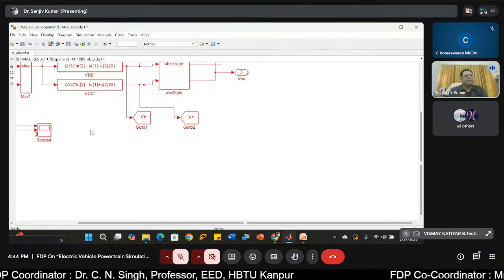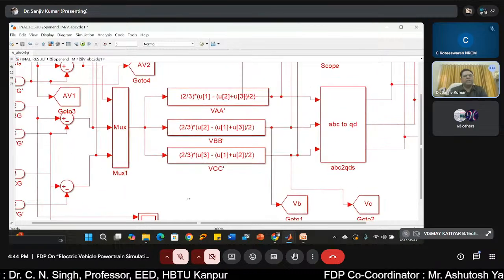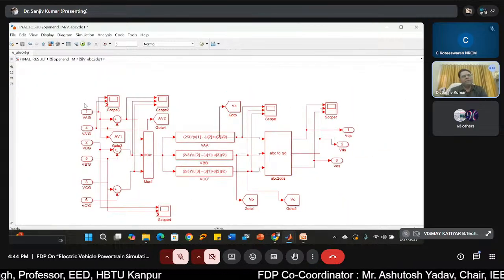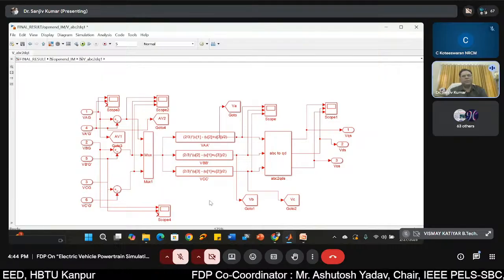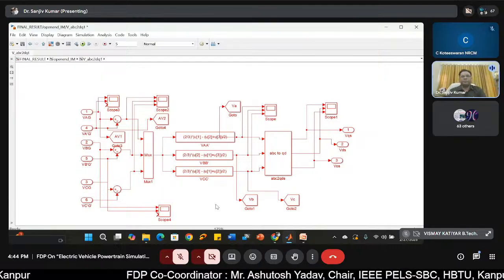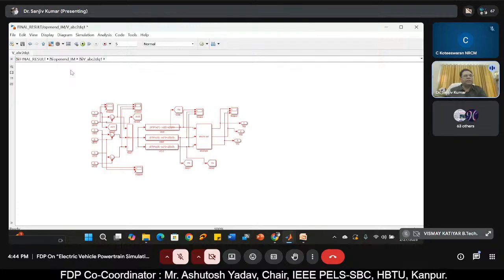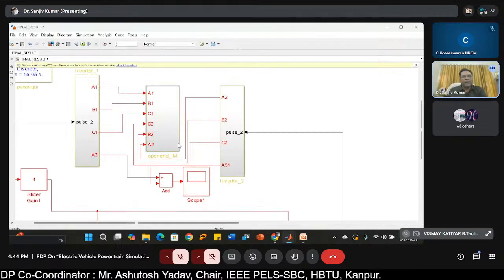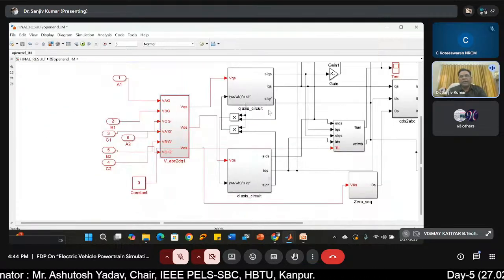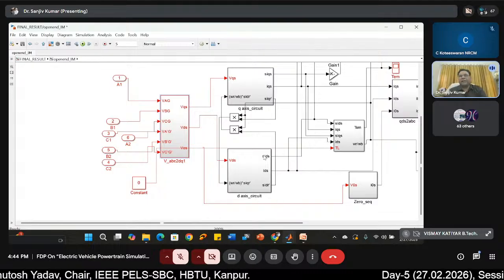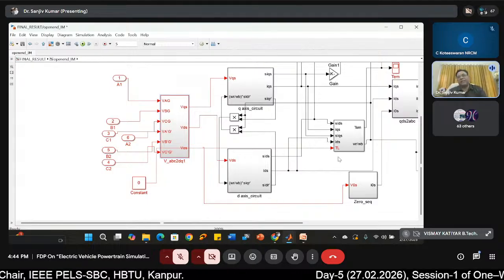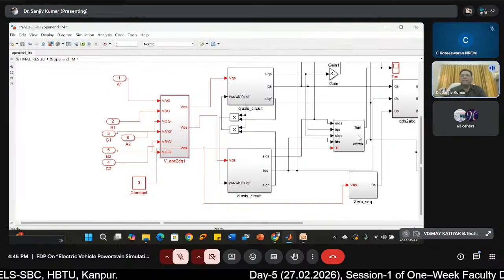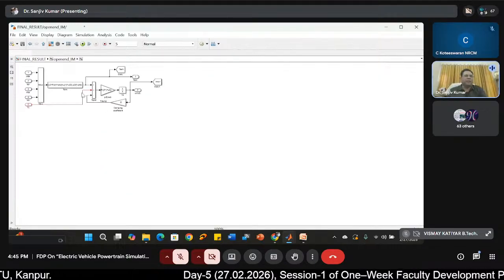You have to take ABC, then from ABC to DQ, then the D axis current, Q axis current, psi D, psi Q, load, and each and everything has to be modeled.